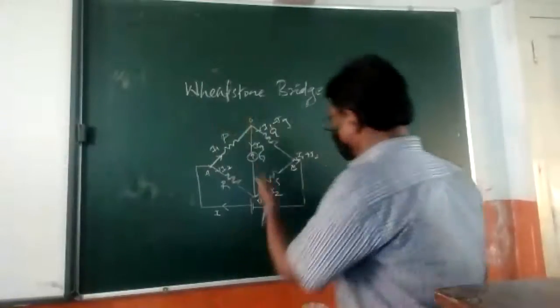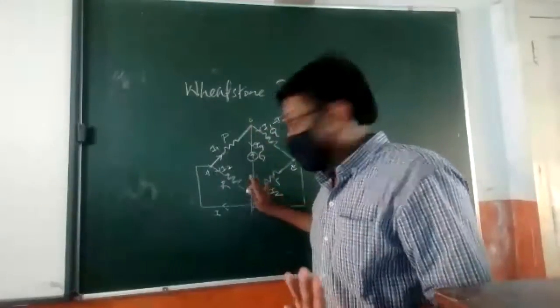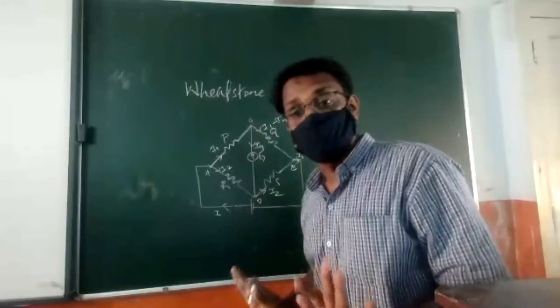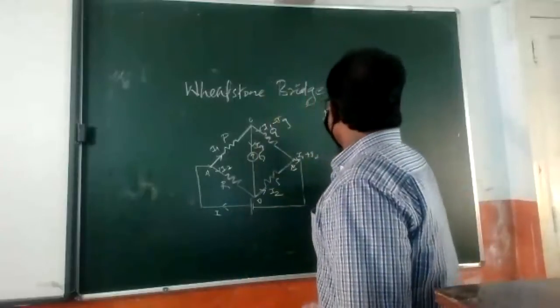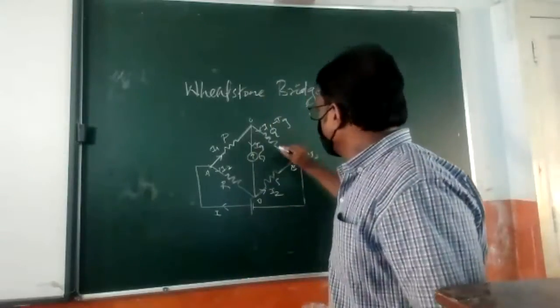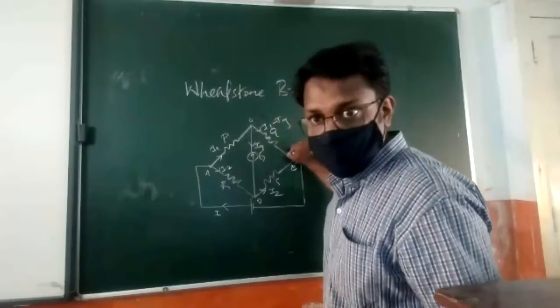When the galvanometer is not carrying a current, that means the galvanometer current Ig is equal to 0. When Ig is equal to 0, we can say that P and Q are carrying the same current.